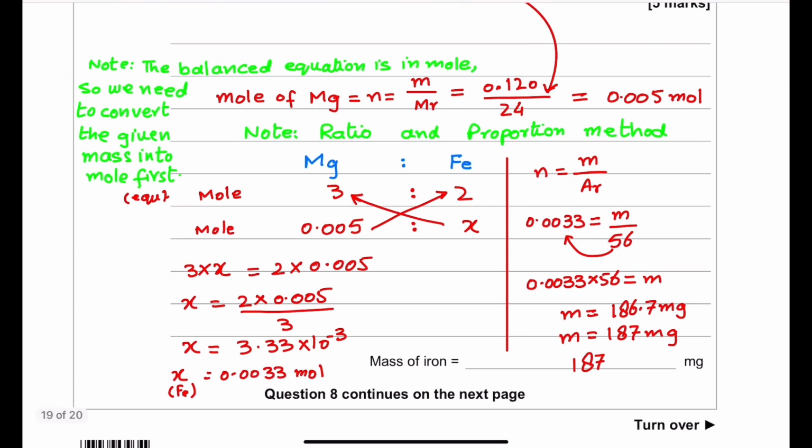We rearrange and get the moles of iron as 0.0033 moles. Use the formula of the mole: mole equals given mass over Ar or Mr. The moles of iron 0.0033 equals mass over Ar of iron, 56. Rearranging, we get the answer 187 milligrams, which is the mass of iron.